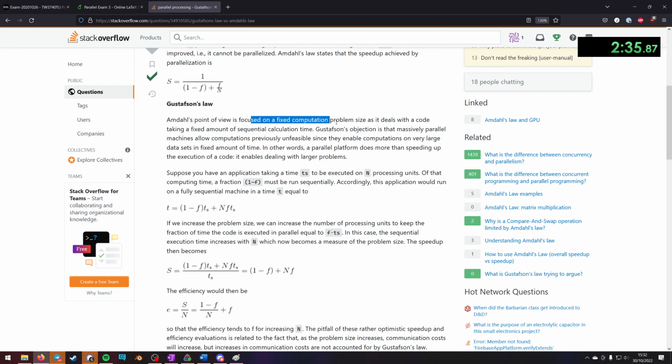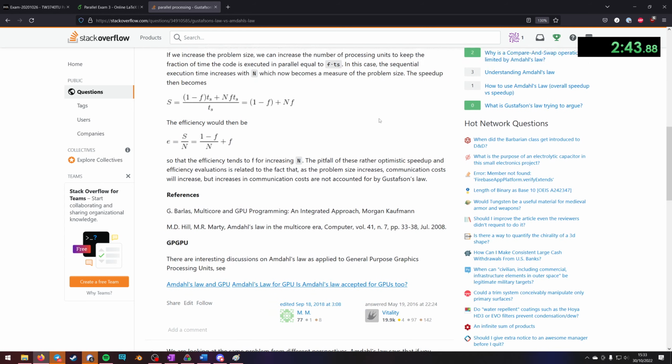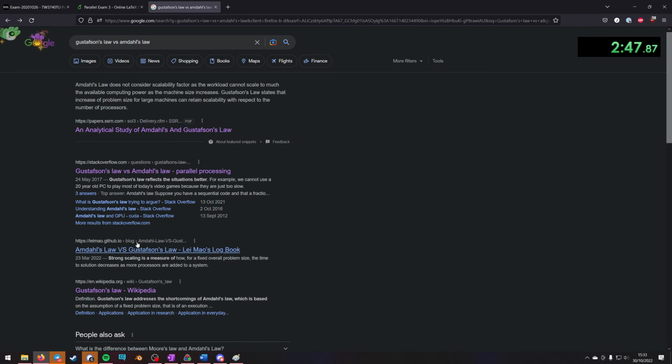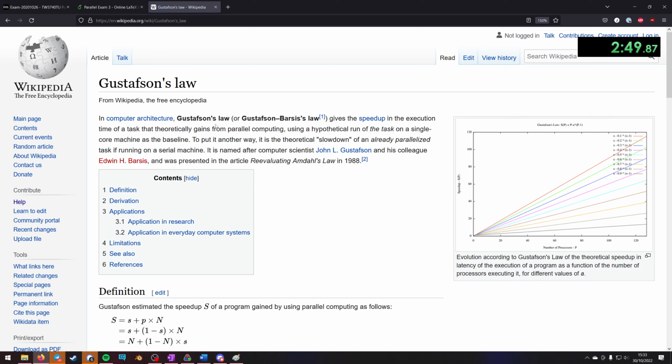Focus on fixed computation problem size, as just code taking a fixed amount of sequential calculation time. Yeah, okay, so that changes the speed up.